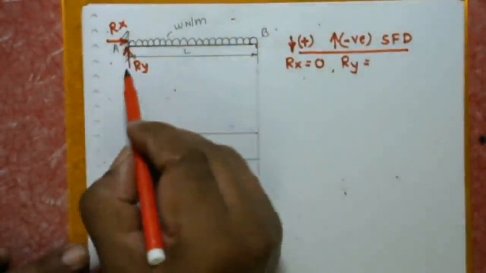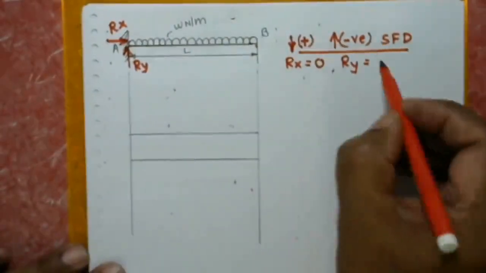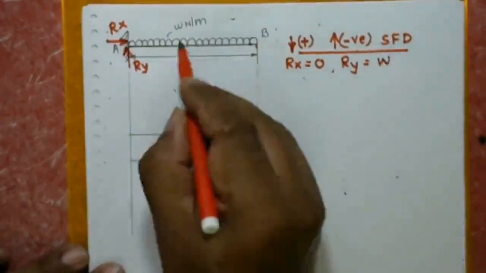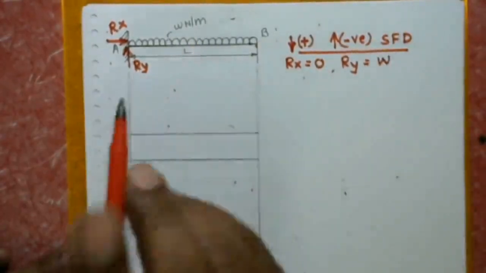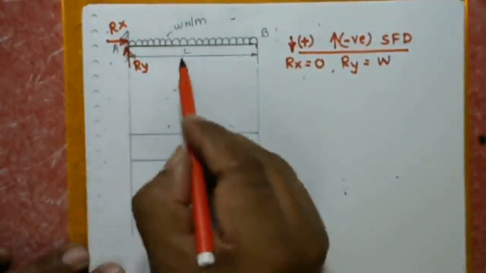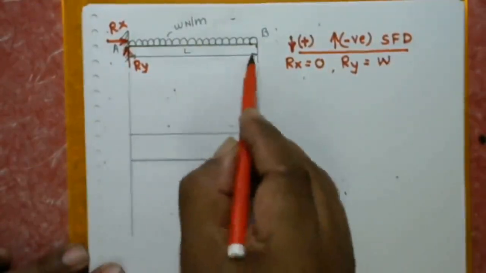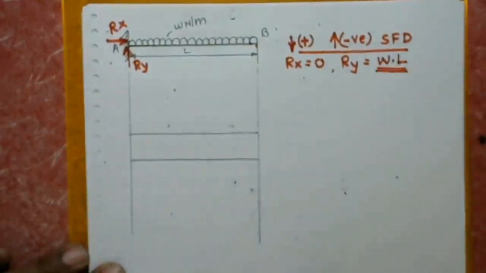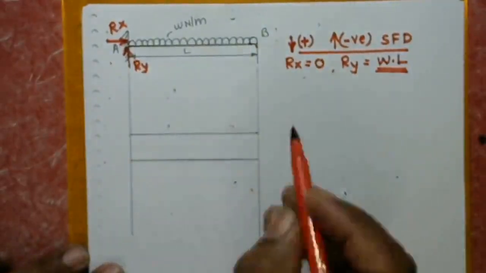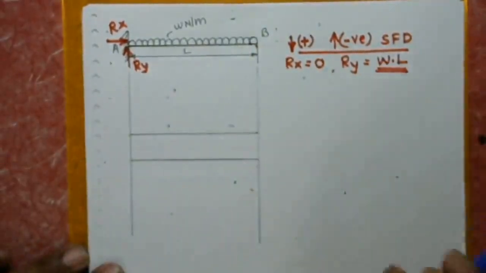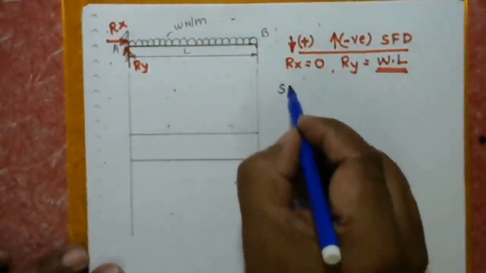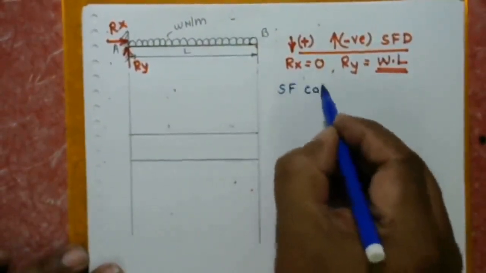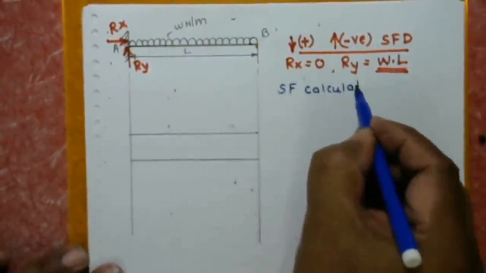So the upward force is Ry, and the downward force is at a rate W Newton per meter. Per meter means for 1 meter, that is W. We have the length L. So W into L is the load acting on that beam. Is it clear? Okay. Now calculate the shear force calculations.